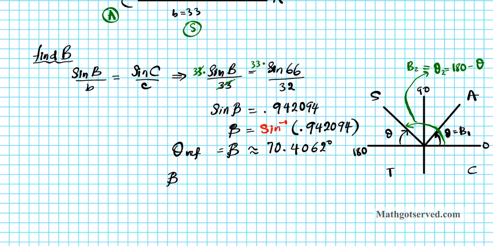B1 is simply going to be theta, which is 70.4062. Now, what is B2 going to be? B2 is going to be the supplement of this angle. It is going to be 180 minus theta, which is 180 minus this angular value we got. Let's put that in our calculator.